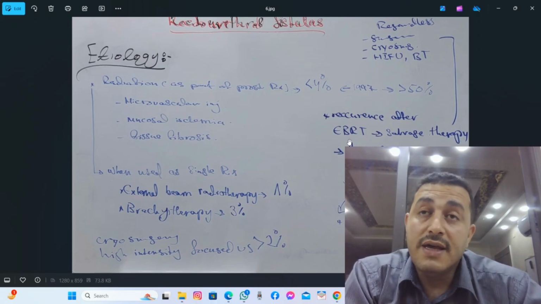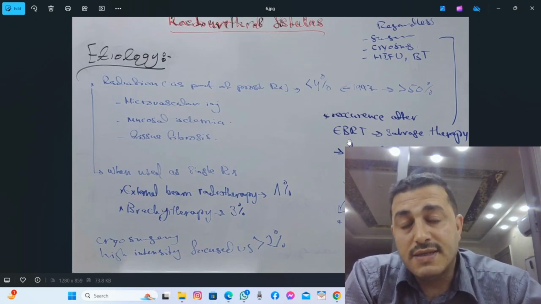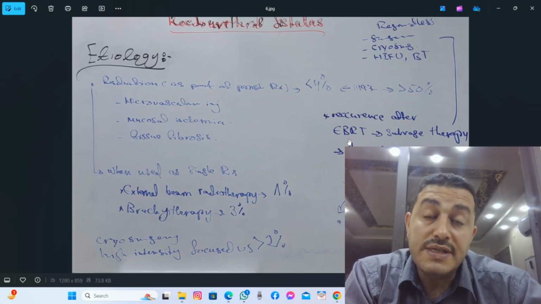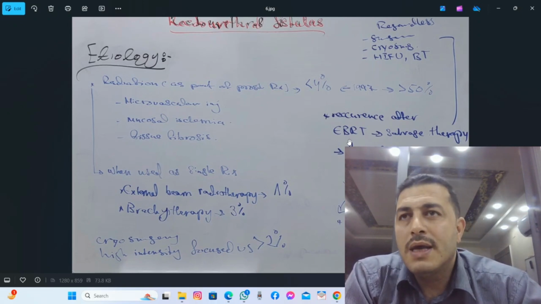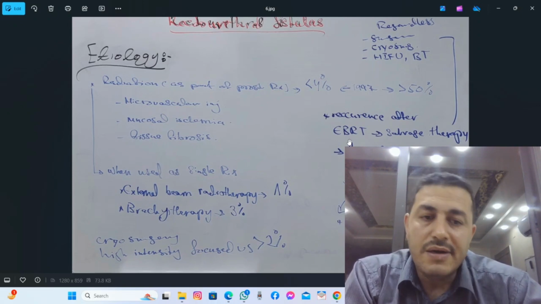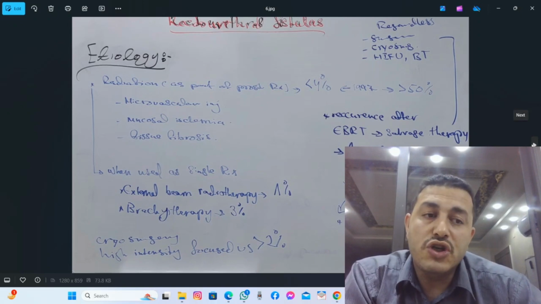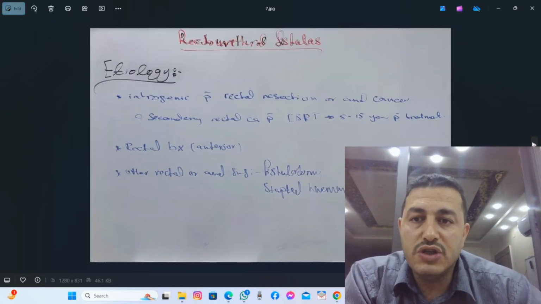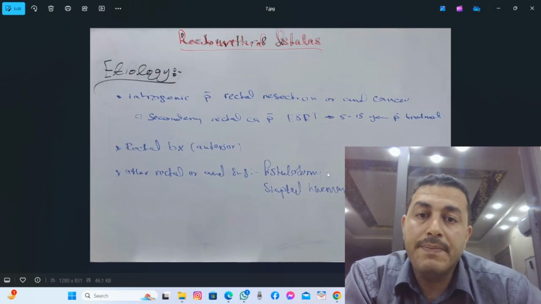We will see that biopsy from the anterior rectal wall is also a risk factor for developing fistula, and not only fistula, actually stricture, which may synergize the appearance of fistula. So urethral and rectal stricture can appear due to the radiation. This is how radiation can participate in the fistula.